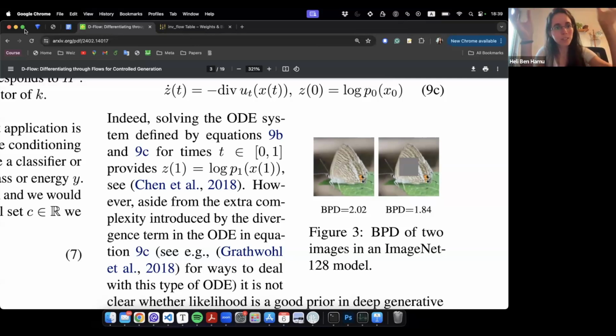Most of your mass would be concentrated around a sphere of radius square root of the dimension. So there are really weird effects happening in high dimensions, which break the intuition that we have from lower dimensions. So I think it's very interesting to explore in general. So that's my note on the likelihood.